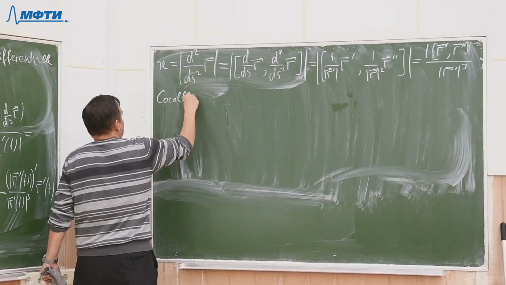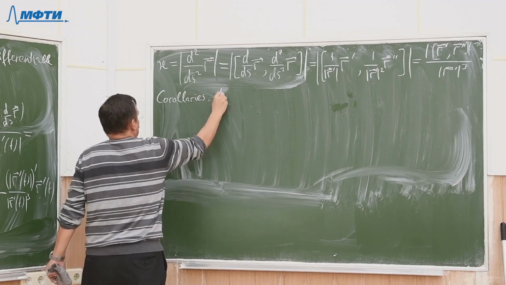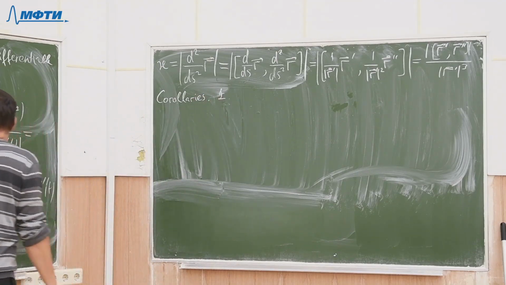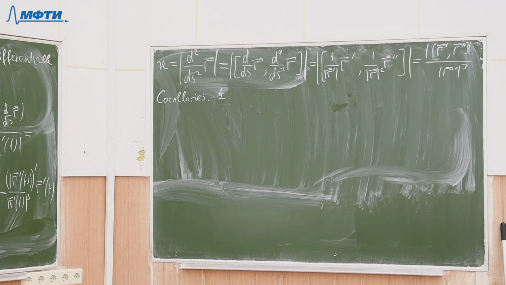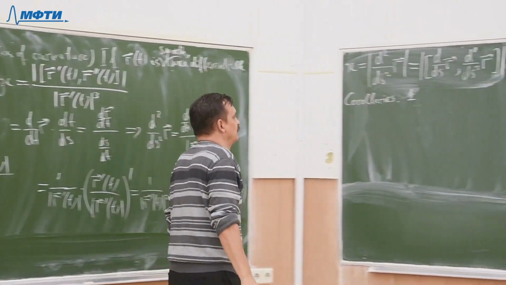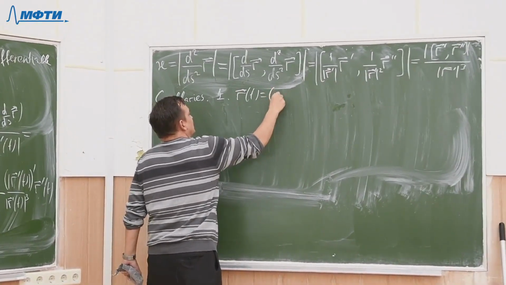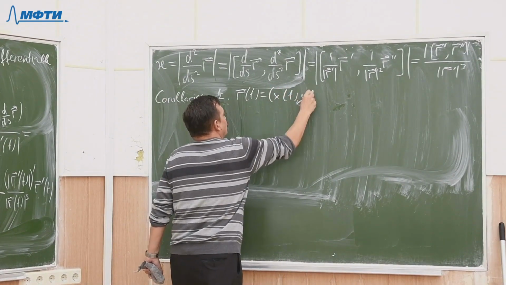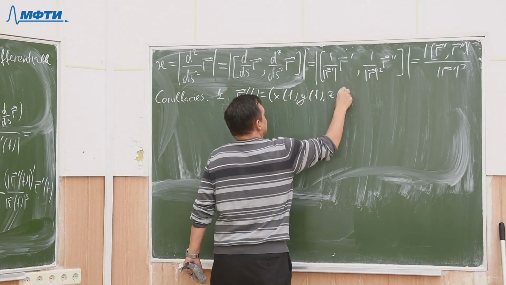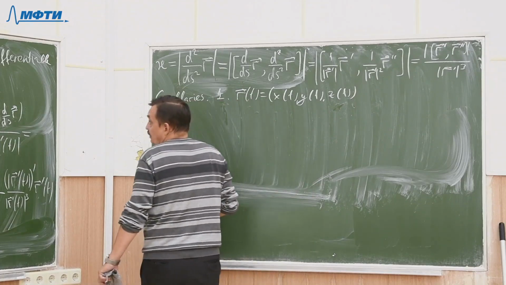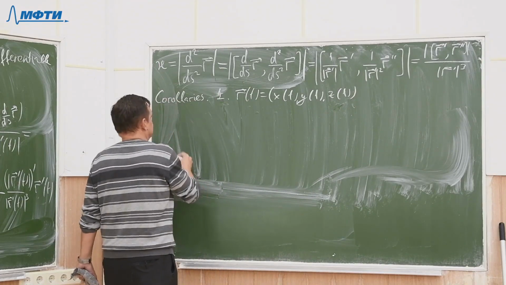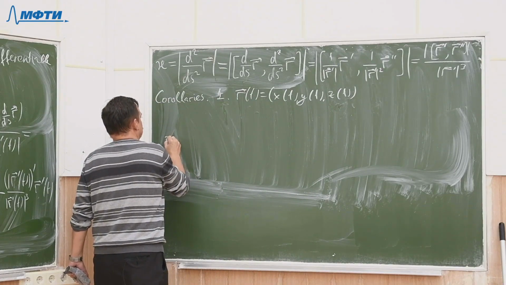Okay, so the theorem is proved, and corollaries, in fact, many corollaries. First, an explicit formula. So if r of t is x of t, y of t, z of t, then what is the curvature?